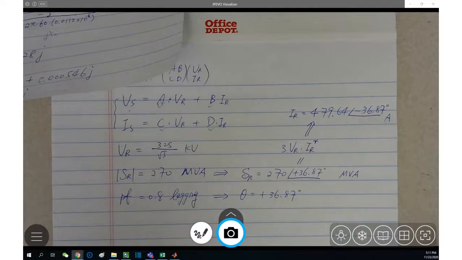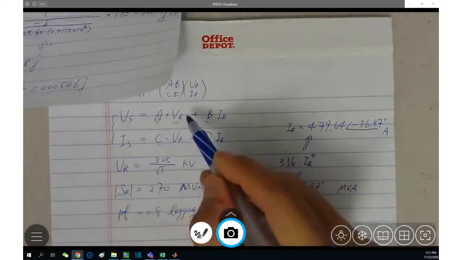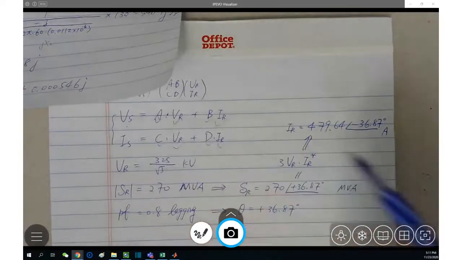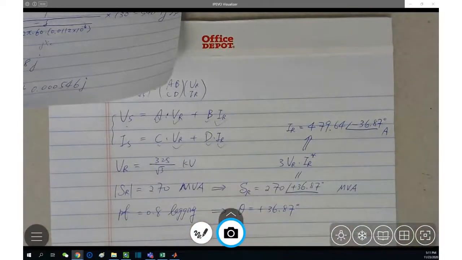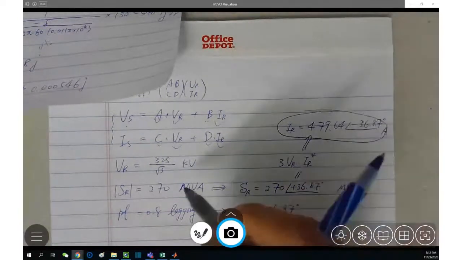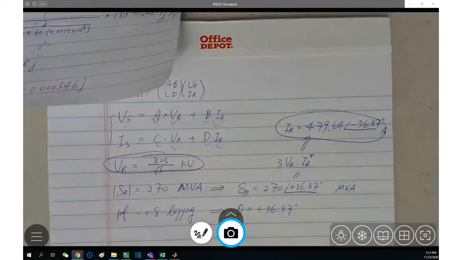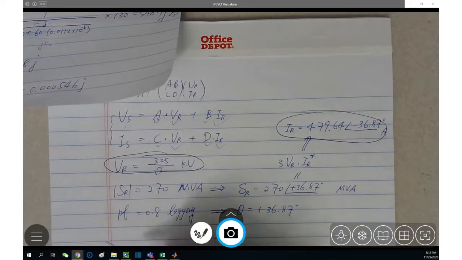We get IR. And then going back to VS and IS, we know VR, we know IR, so we've got everything. From here, we eventually get VS and IS.